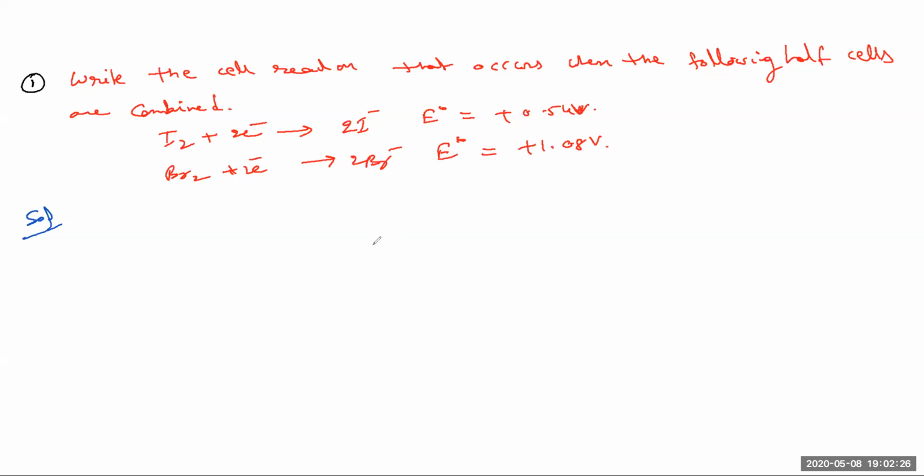How to write the cell reaction? According to IUPAC conventions, if both E naught values are positive, the highest positive is the reduction and the lowest positive is the oxidation. Lowest positive is the oxidation means iodine should be oxidized. Okay, write the solution.